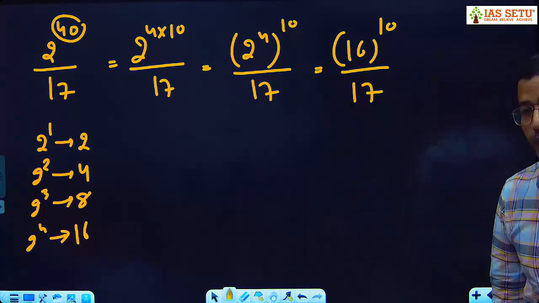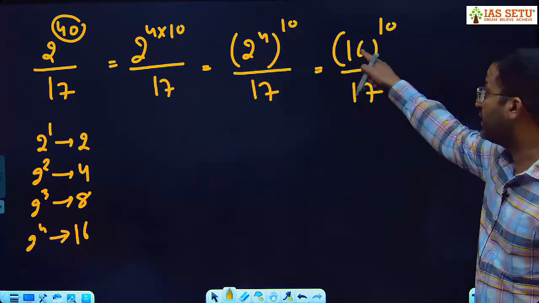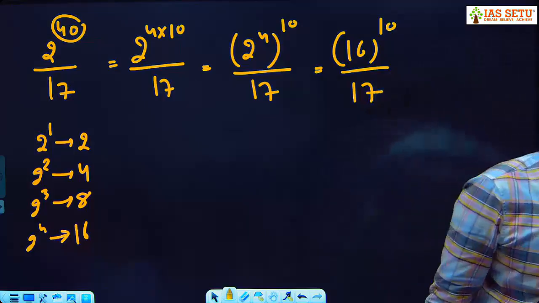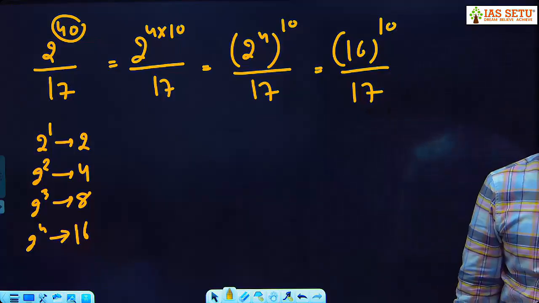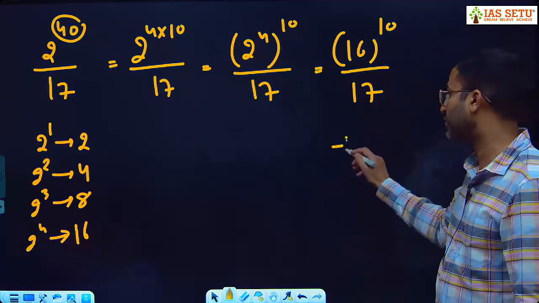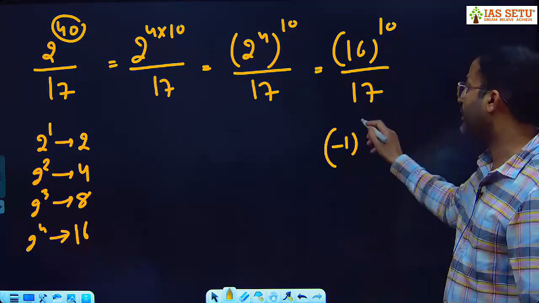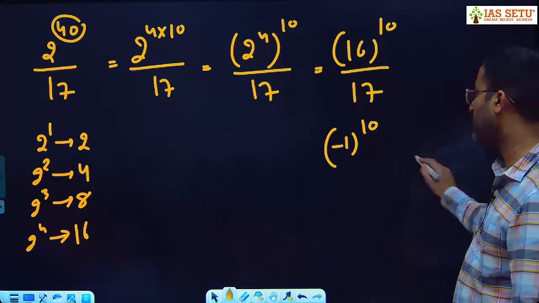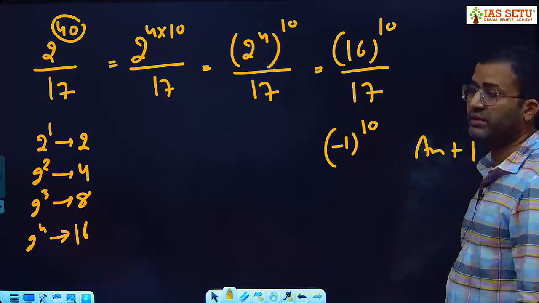Tell me what you prefer. 16 with respect to 17 gives remainder 16 as well as -1. I think -1 is easier. So every 16 with respect to 17 gives remainder -1. How many times? 10 times. Tell me what is -1 to the power 10? +1. So your answer is +1.